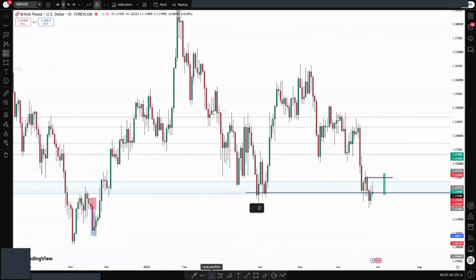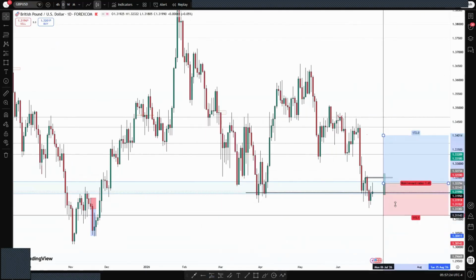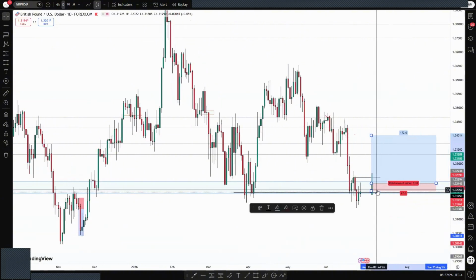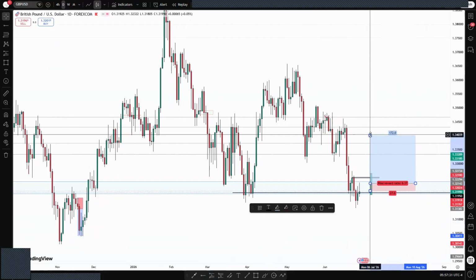I know it's a daily time frame, but when you enter this buy here, you end up making what?